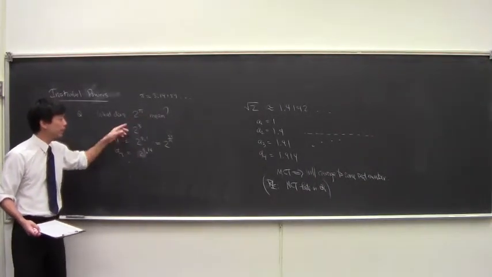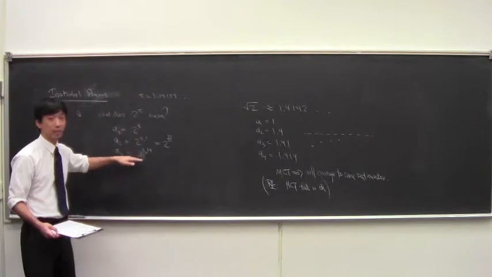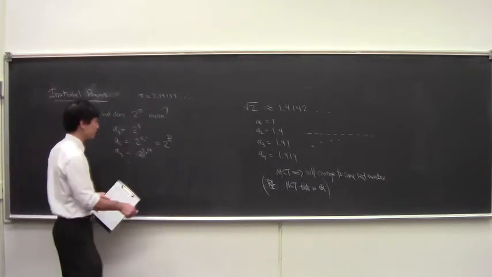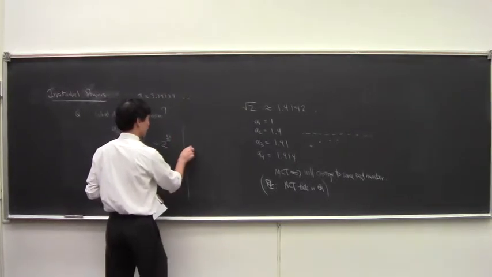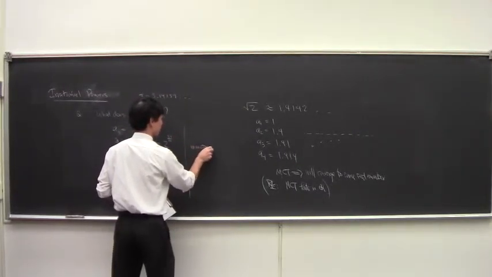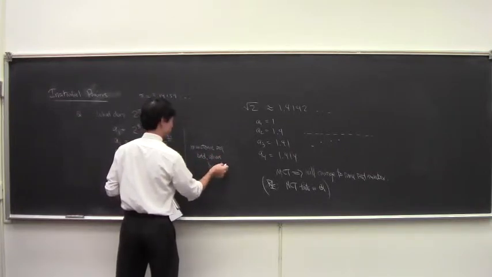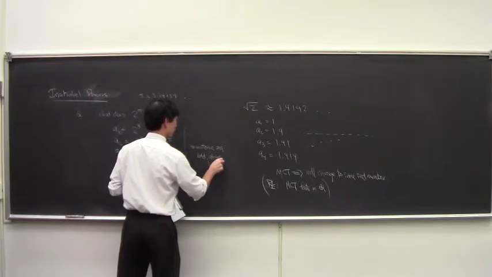So 2 to the pi: you see that this is an increasing sequence, and it's a monotonic sequence that's bounded above by 2 to the 4th.